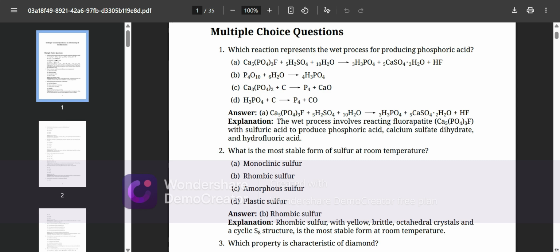The wet process involves reacting fluorapatite Ca5(PO4)3F with sulfuric acid to produce phosphoric acid, calcium sulfate dihydrate and hydrofluoric acid.